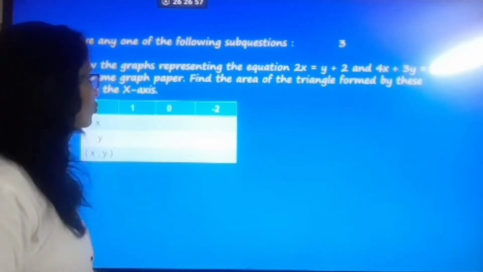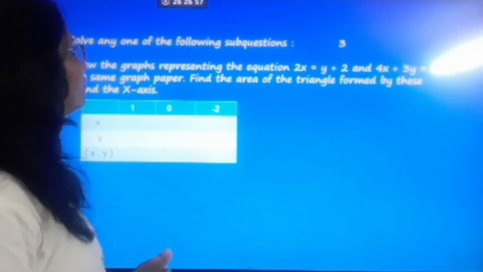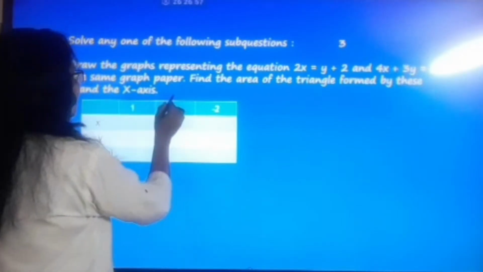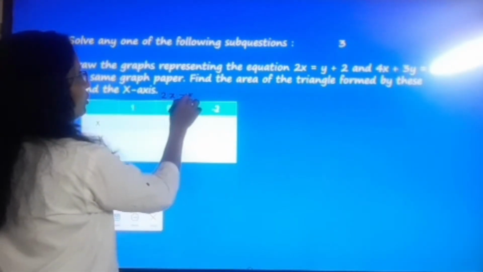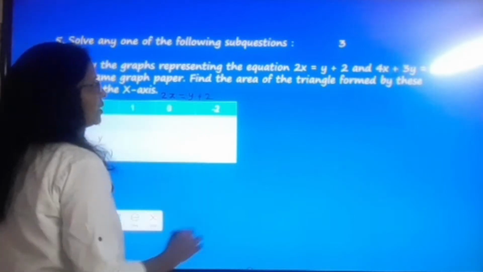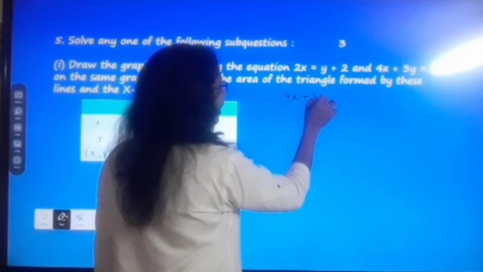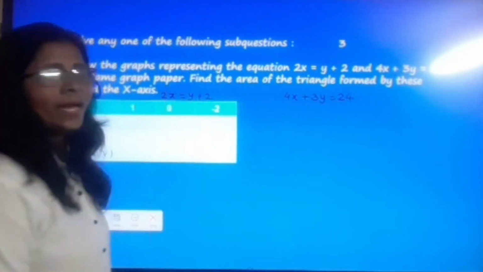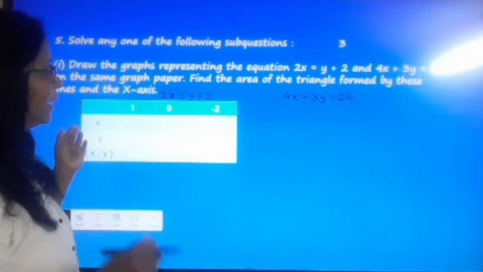Yes, students. So here are the two equations. First one is 2x is equal to y plus 2 and the second one is 4x plus 3y is equal to 24.